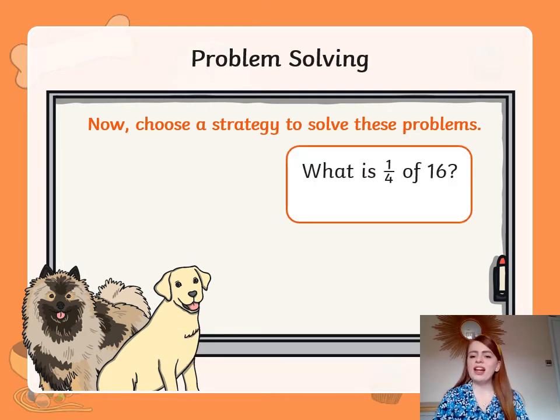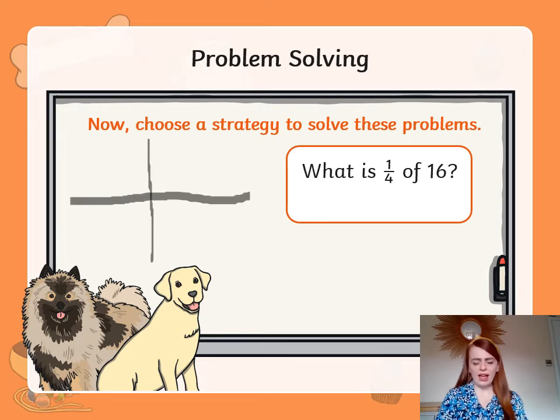Got another problem here, and it's asking us, well, what is a quarter of 16? And again, what you can do is pause the video and try to work out this answer and press play when you are ready. Okay, so I'm going to draw out this answer, boys and girls. So I'm going to draw a grid, and I'm going to put the 16 into the 4 equal groups using that 1 for you, 1 for you, 1 for you, 1 for you strategy.